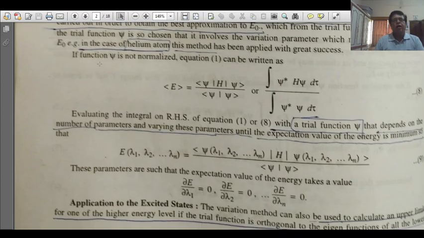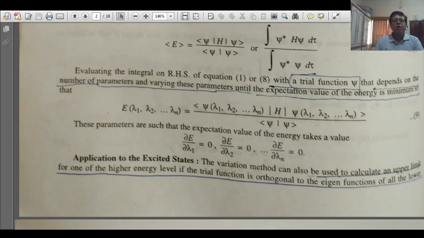Now, suppose that the function psi is not normalized, then the expectation value is given by two terms, numerator and denominator. In bracket notation, bra psi H ket psi upon bra psi ket psi, or in integral form, integral psi star H psi d tau upon integral psi star psi d tau.